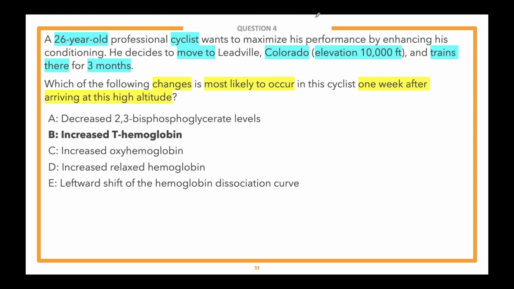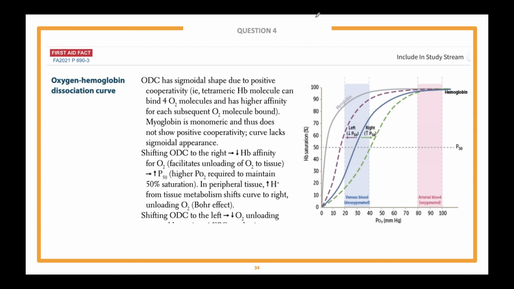At first, this would cause a left shift in the oxygen hemoglobin dissociation curve. So let's move on to the next slide, and we have that curve there. You can see a leftward shift there would first emerge, releasing less oxygen to the tissues.